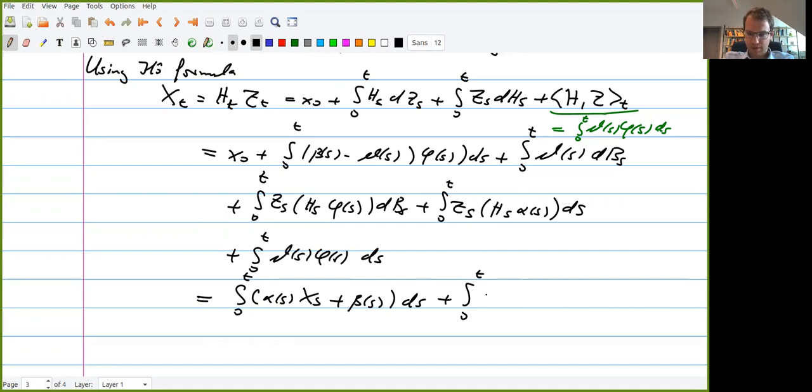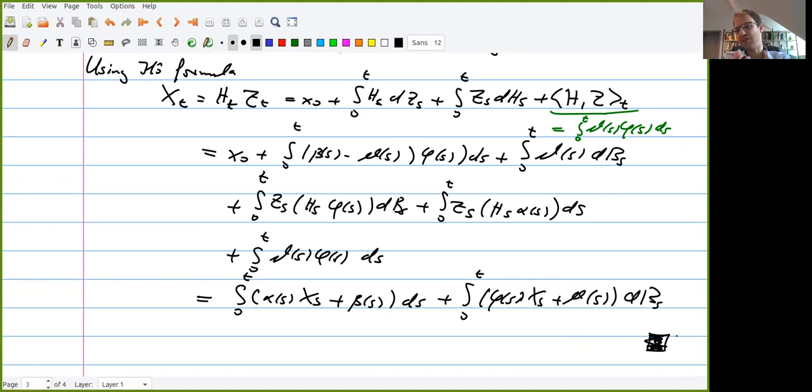That's nothing else than phi_s dx plus beta_s ds dB_s. Right, and this is our linear stochastic differential equation which we wanted to solve. So indeed, the claimed solution is a solution of the linear differential equation.